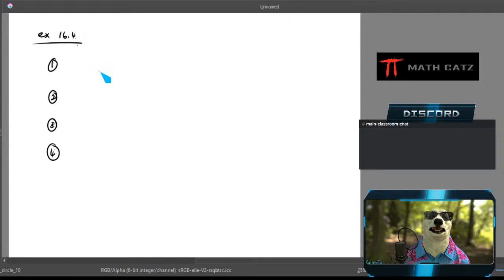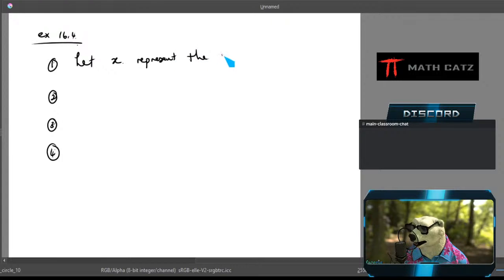So 2 times a number, I have some mystery number. Some information is given about that number. But in order for me to translate that information into the mathematical language, I need to have a variable. Now you can make that variable name anything you want. I'll be super boring and make it an x. Let x represent the mystery number.